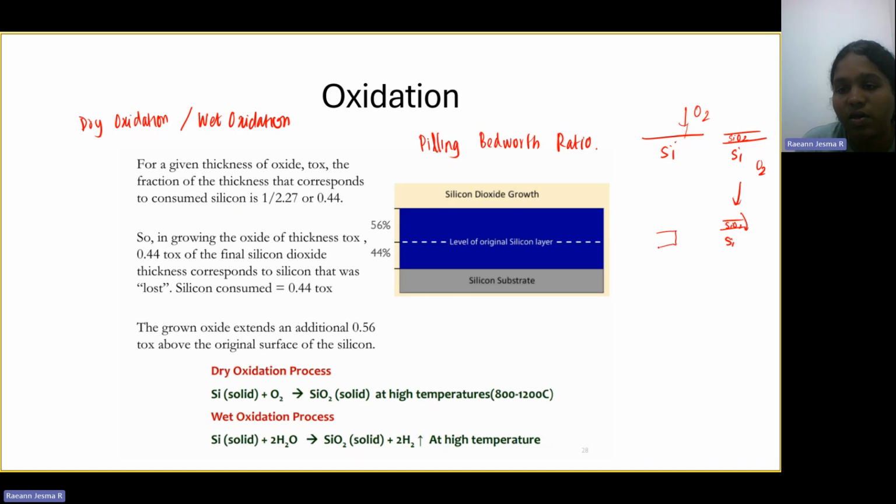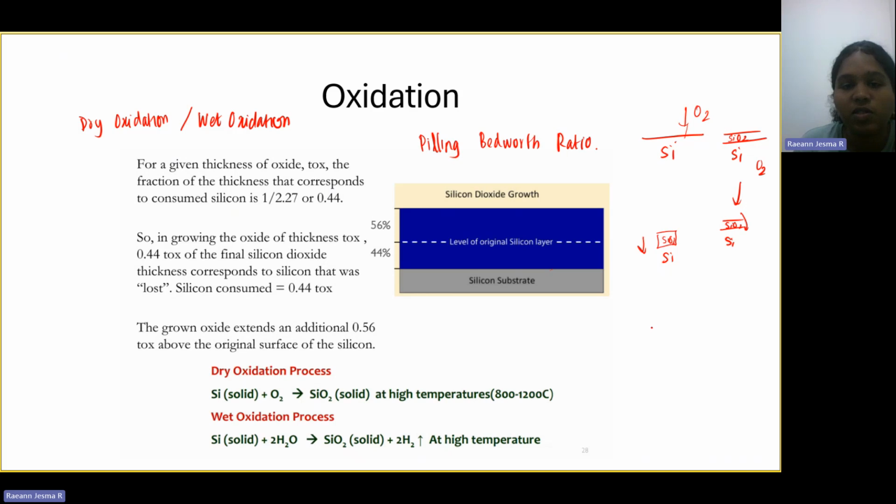As time goes, the SiO2 film continues to grow inwards. It will consume some amount of the silicon layer, and how much it consumes is 0.44, that is 44% of the silicon.